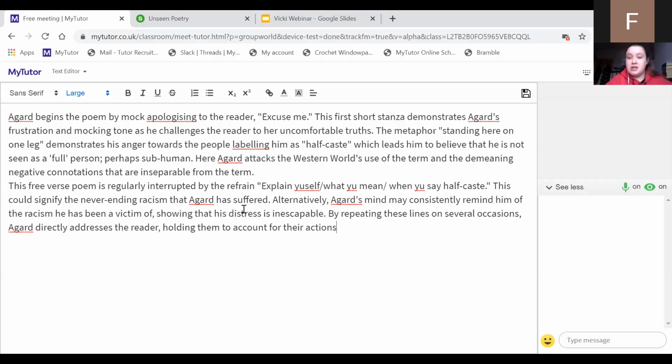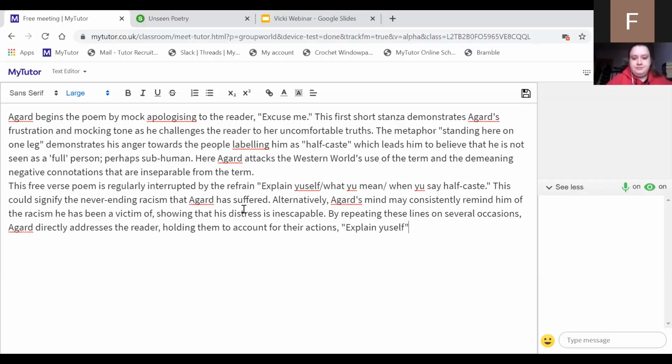So this is almost like a trial by poetry, essentially. He's really trying to tackle the problems that he's faced, and he's trying to make the reader feel uncomfortable, so they actually have a long, hard look at how perhaps they've acted, or how they could potentially help in society and tackle these issues. And then I'm going to give my evidence for that.